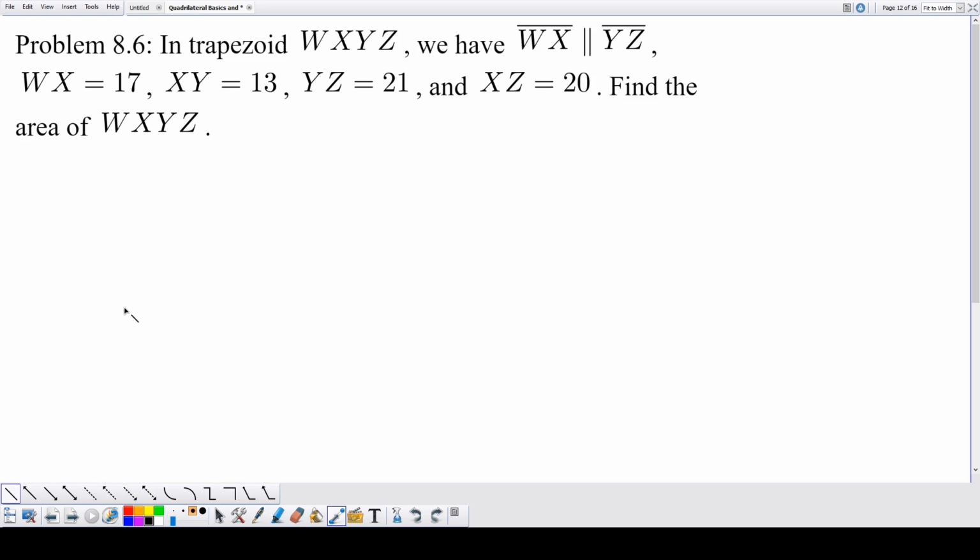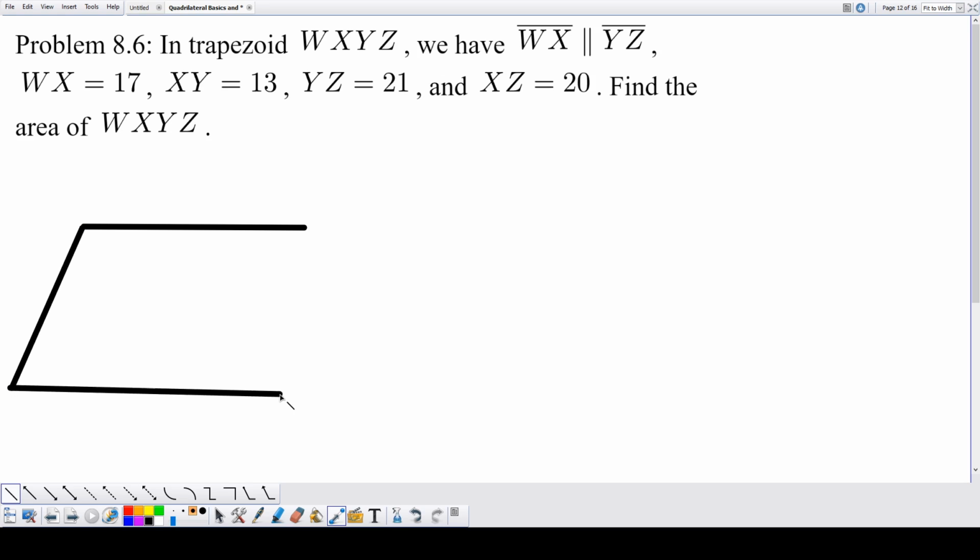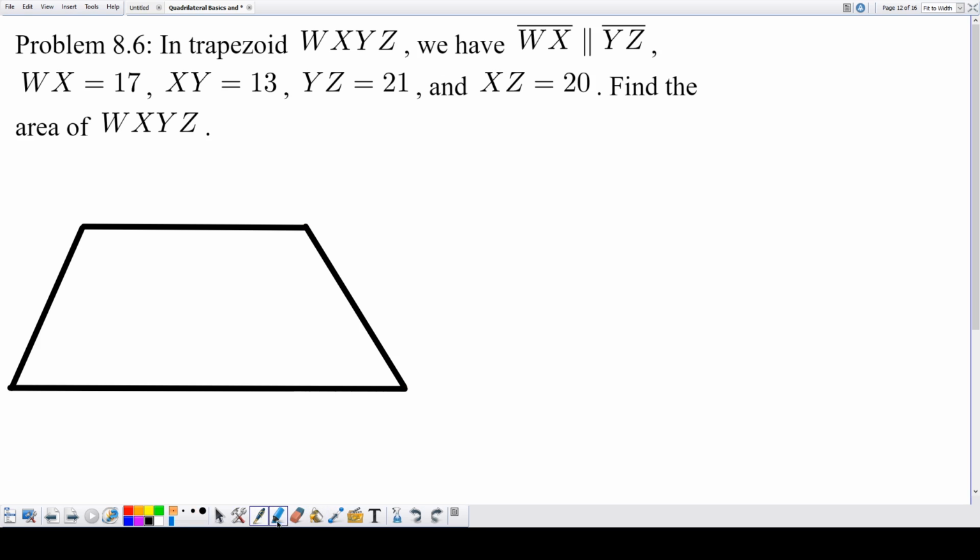So, let's draw our trapezoid. Something like this. So, my two bases are WX and YZ, WX being the smaller of the two. So I have WX, YZ.